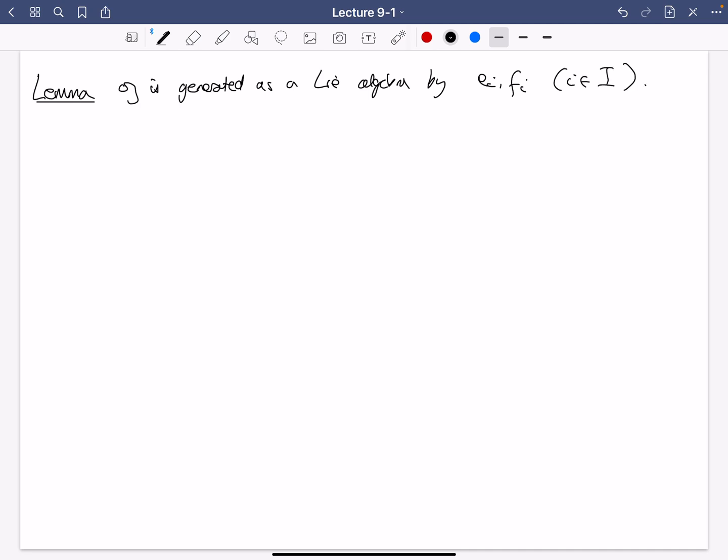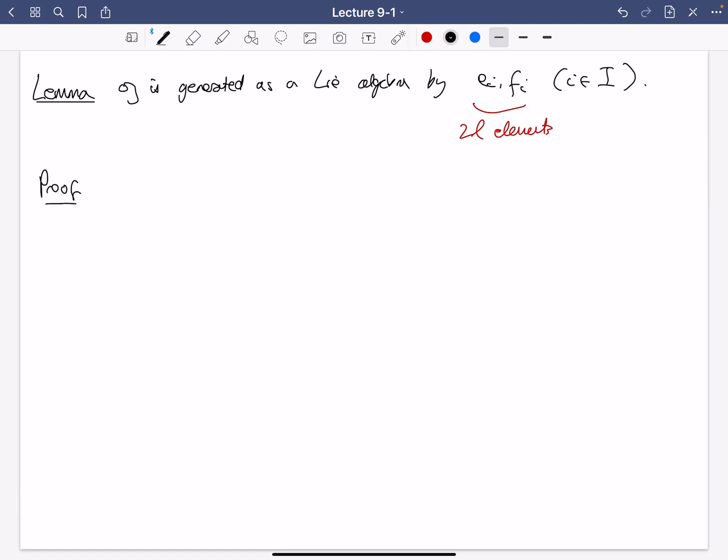So just those simple E alphas and their negatives, the F alphas corresponding to those. Those are enough elements. There's 2L of them. L is the rank. 2L of them, and they generate the Lie algebra G as a Lie algebra.